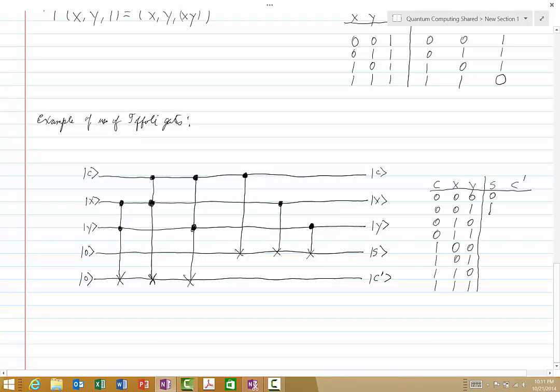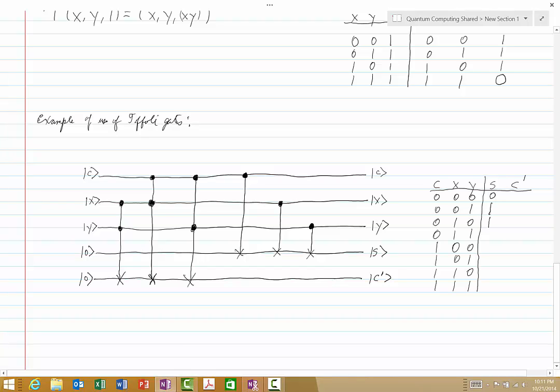Likewise, for the next line, if X is equal to 1, but C and Y are 0, then the fact that C is 0 and Y is 0 means that neither one of these will cause an inversion, but the fact that X is equal to 1 means that this will invert. So the 0 again gets inverted one time, and S is equal to 1.